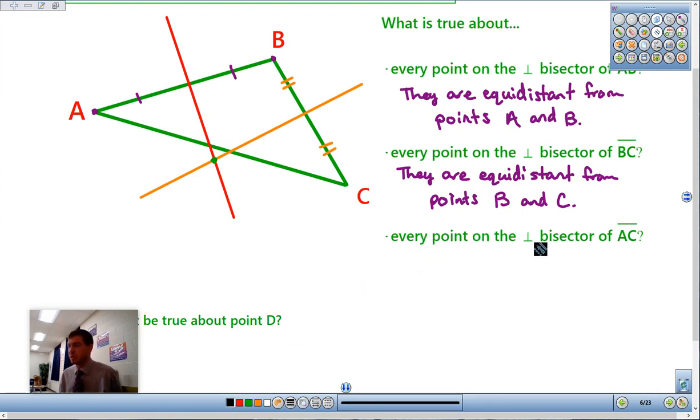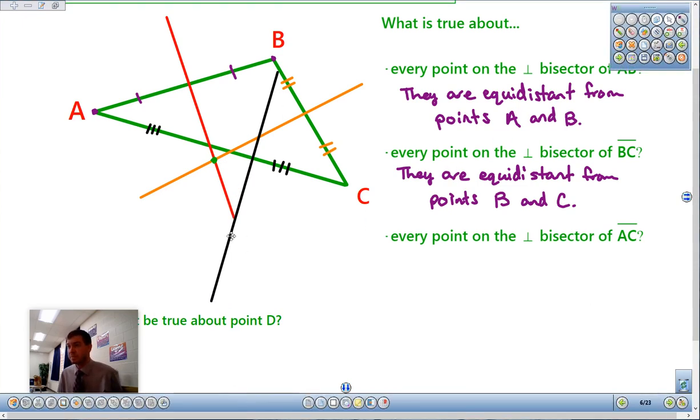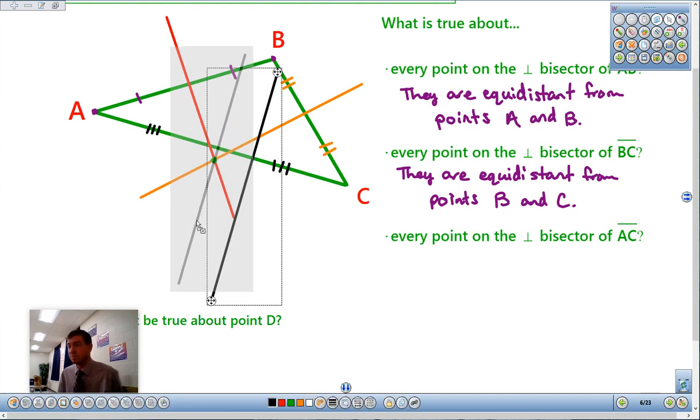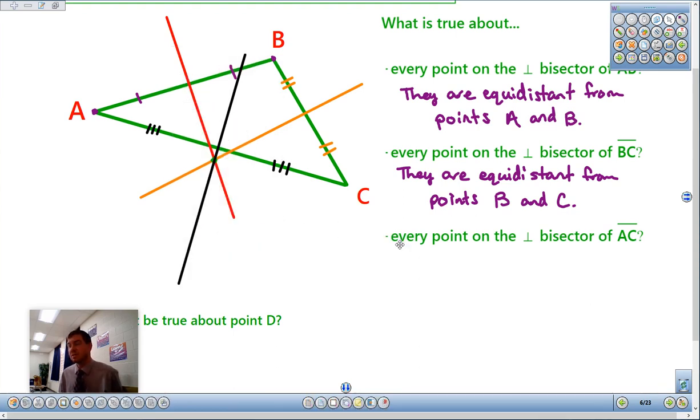What is true about every point on the perpendicular bisector of AC? Okay, we're going to find the middle of AC, and we're going to draw a line that's perpendicular. That's my best bet. And we're going to move it to where we think the middle is, and that's pretty close.